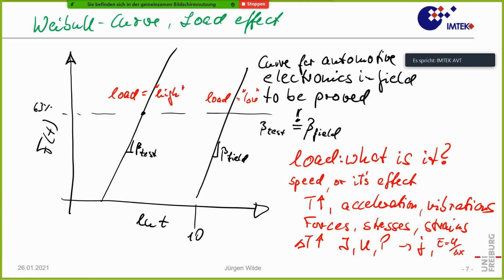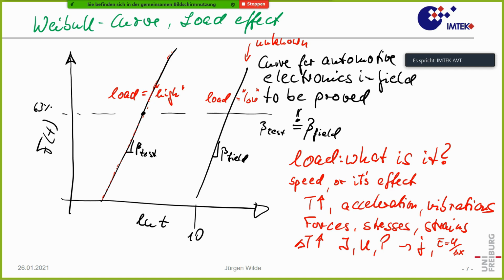Okay, still we do not know the Weibull curve for our electric vehicle in the field, and now we must get to a method how to predict this. What do we need for this? Here we need a mathematical failure model.